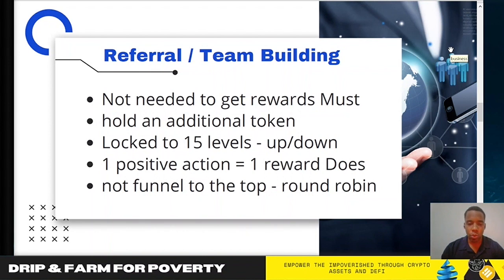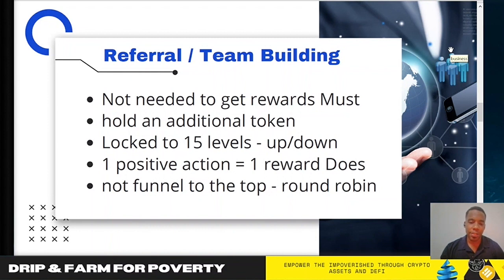Additionally, to get those rewards, you must hold the BREAP token. This is a token on the Binance Smart Chain that the developer created previously and added to this to add utility to his previous projects. Additionally, the tiers or the incentives are locked up to 15 levels up or down within the system, and only one positive action for one reward is available, meaning whatever referral bonus is being kicked out, it does not funnel all the way up to the top.